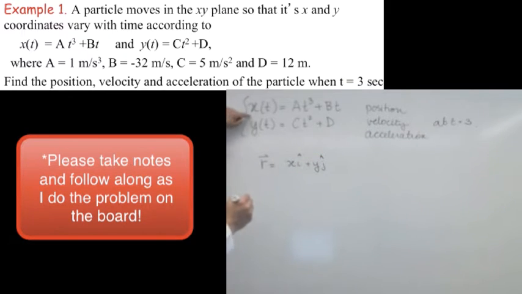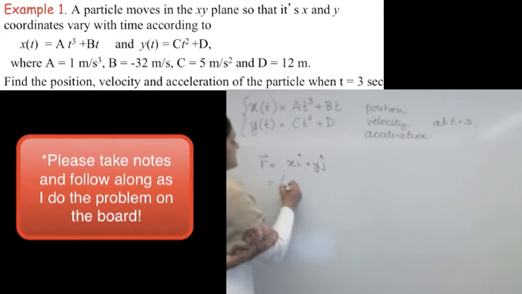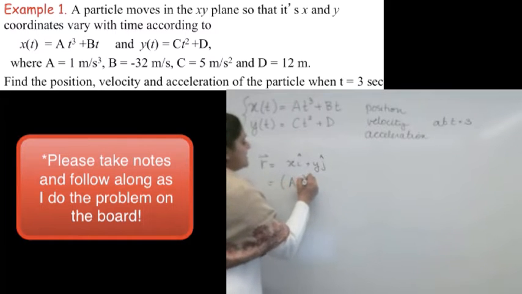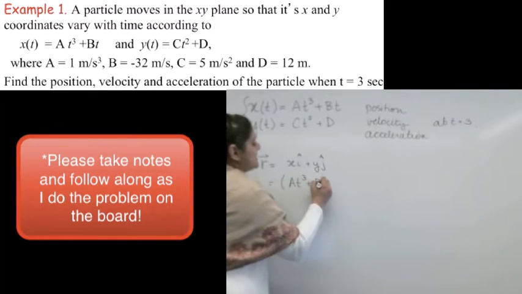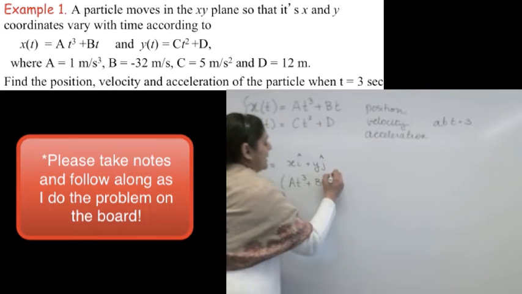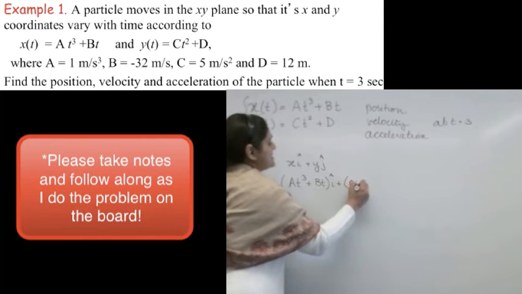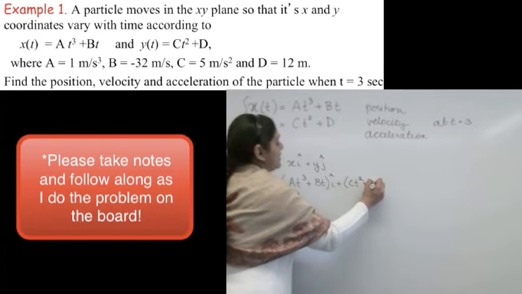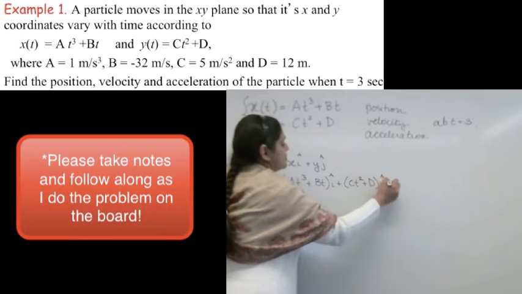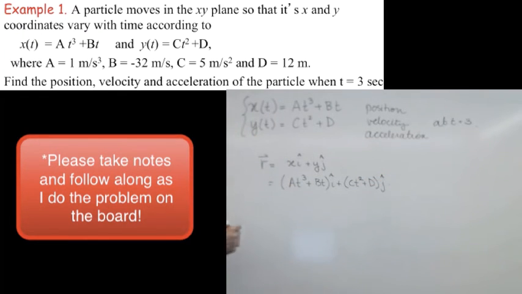Since I have the equations for x and y, I need to put these in here. So it's going to be (at cubed plus bt) i plus (ct squared plus d) j. That is going to be my r as a function of time.